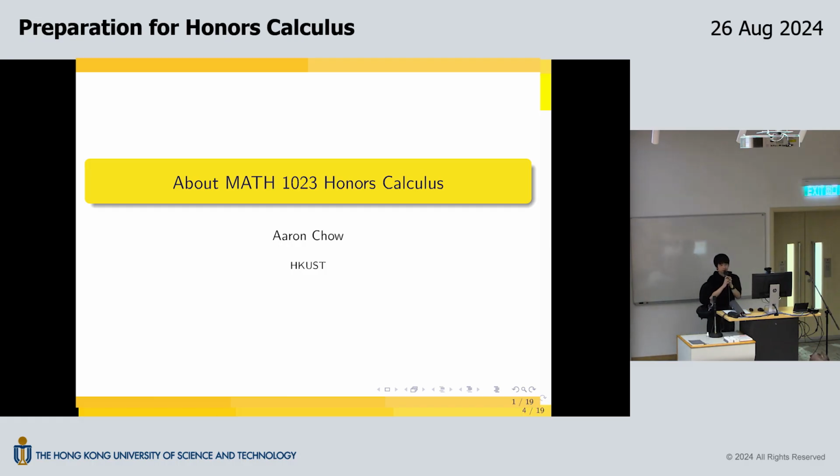Today I want to share with you about the honor calculus course, Math 1023, and tell you what to expect in this course, what the differences are between the honor version and the normal version, and also who should take this course and why you should take it.